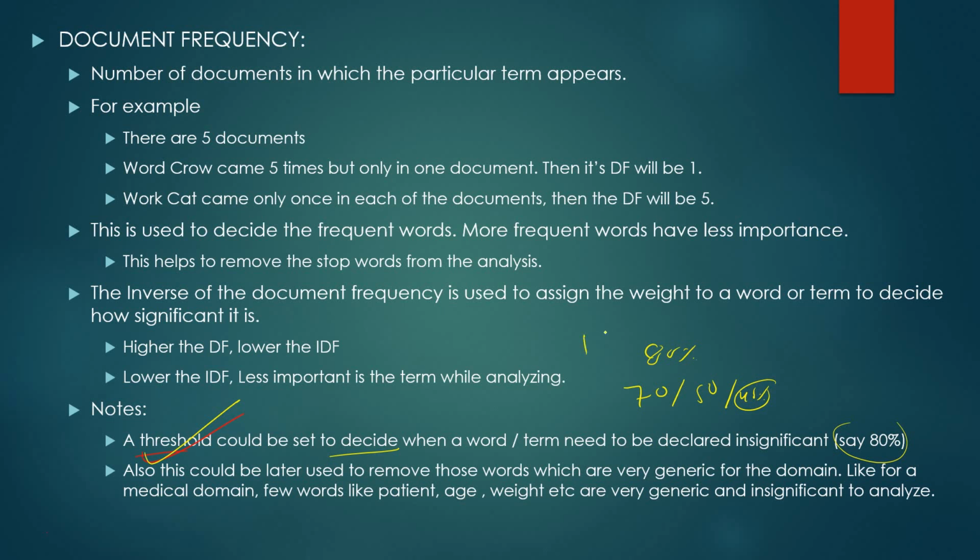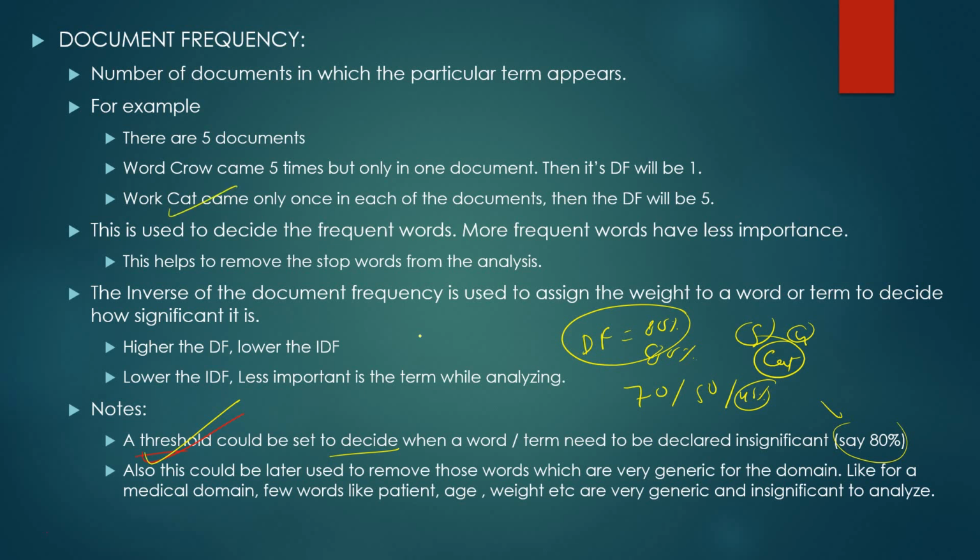significant. Which means if the document frequency is 80% for a particular term among all the documents, say 5 documents are there, and in 4 documents this word cat is coming, in that case, if we have set it to 80%, then the word cat can be removed.